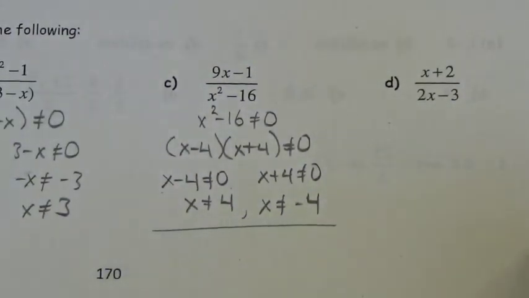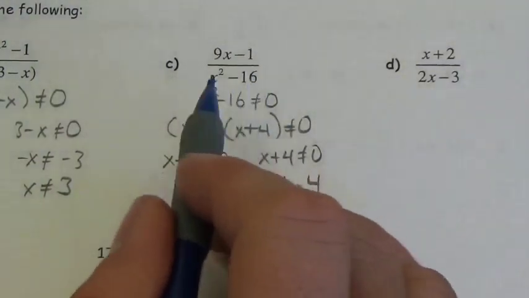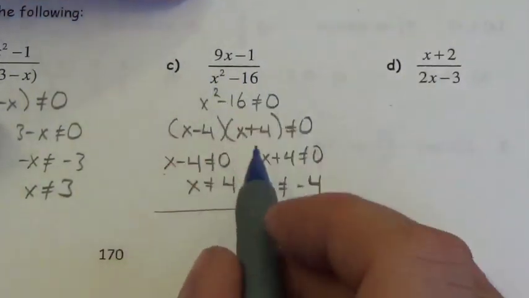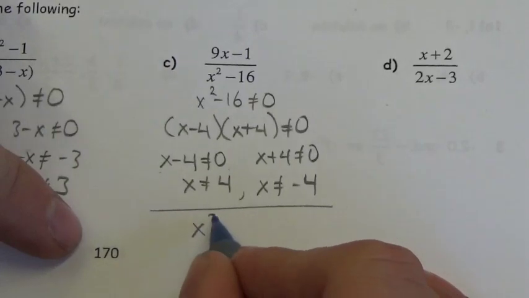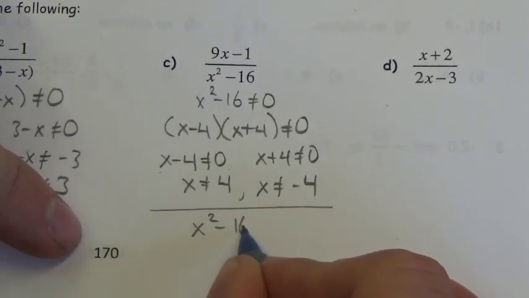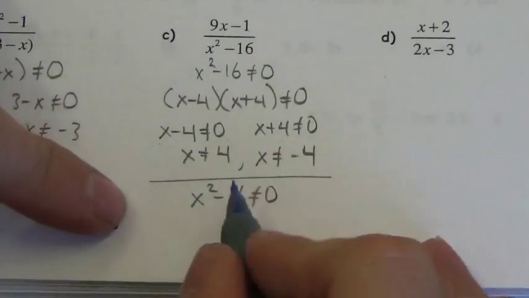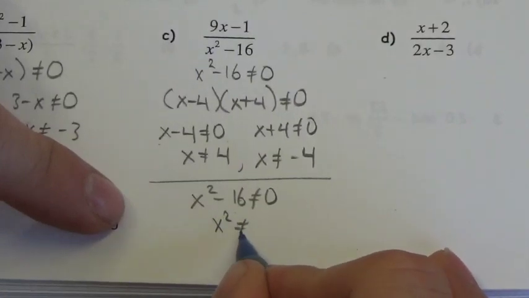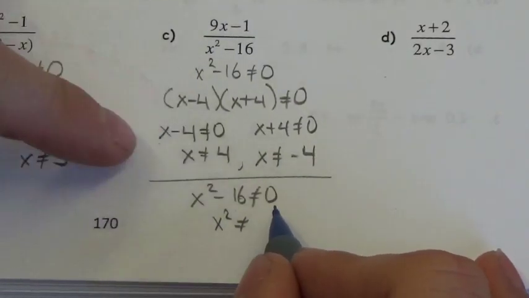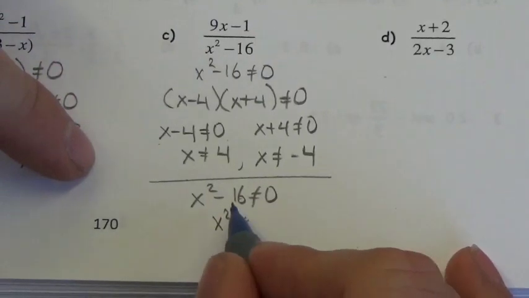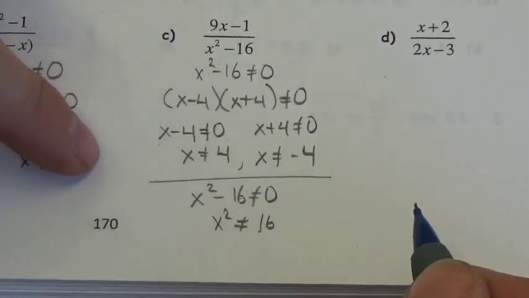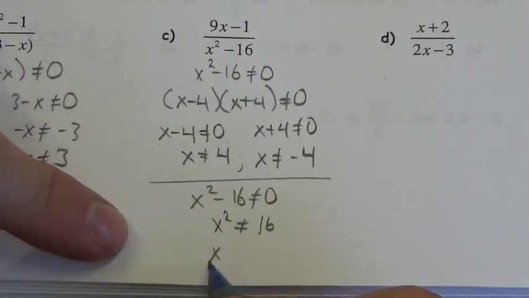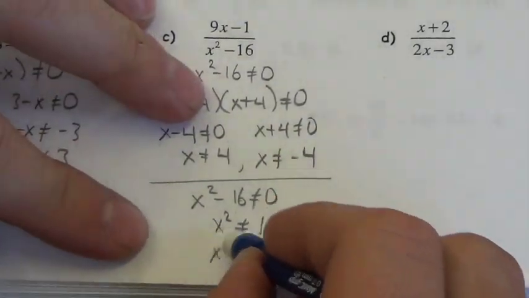Now in this particular case, because of the way this question is set up, because it's just the two terms there, I could also have done it like this. I could have stated that x squared minus 16 cannot equal 0. Isolating x in this case is actually a little bit easier than in a lot of these sorts of questions. I could have brought that 16 over and then taken the square root of both sides.